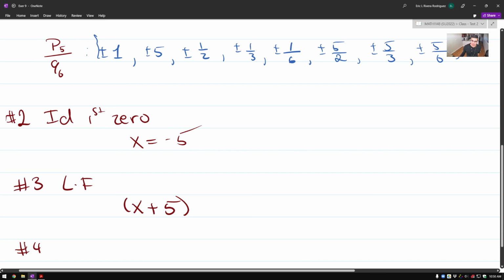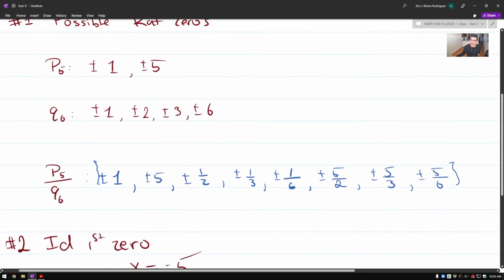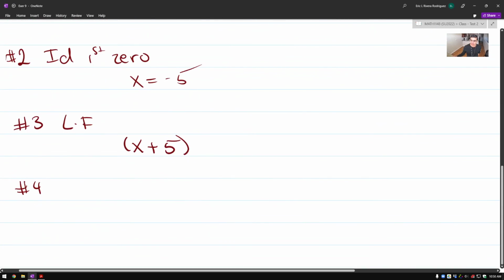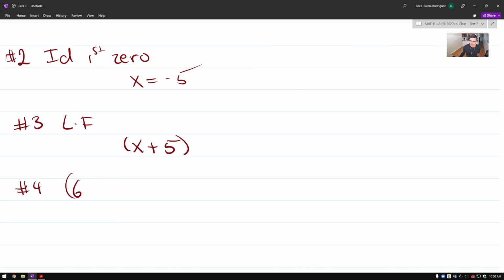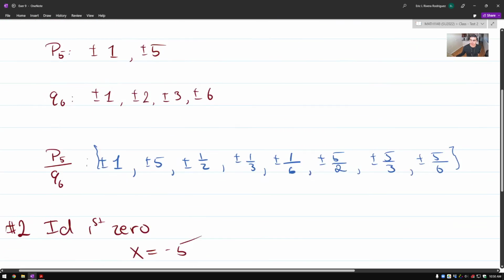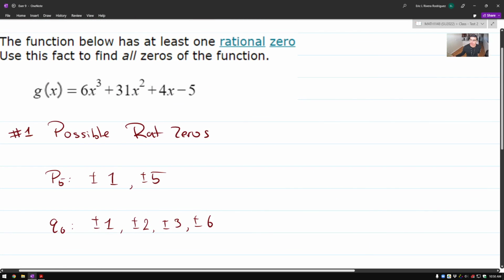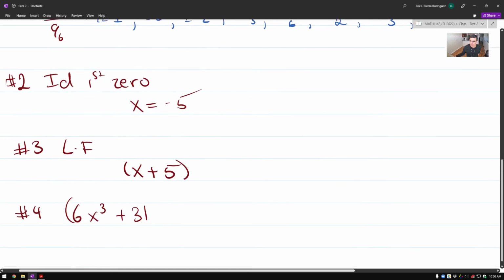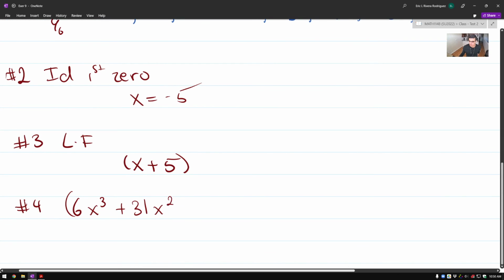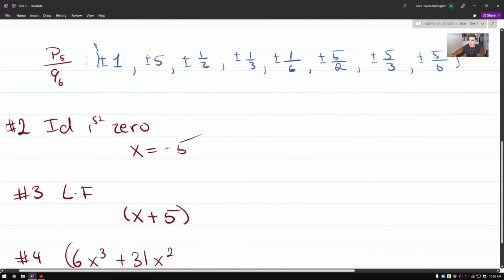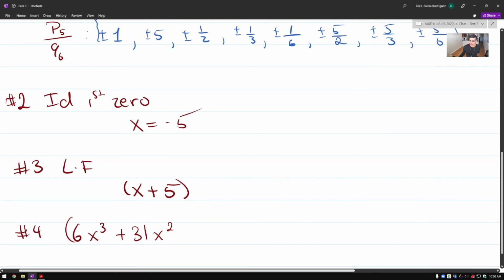Then step number 4 is when we are going to divide 6x cubed plus 31x squared plus 4x minus 5.